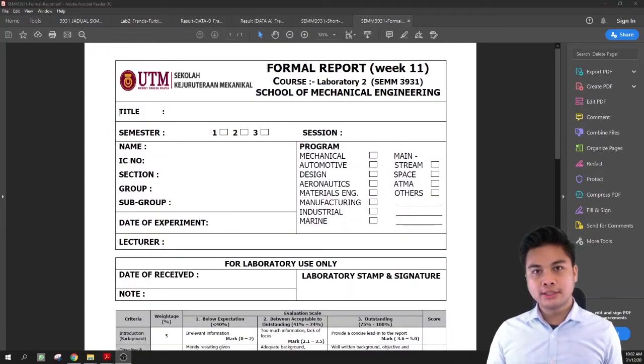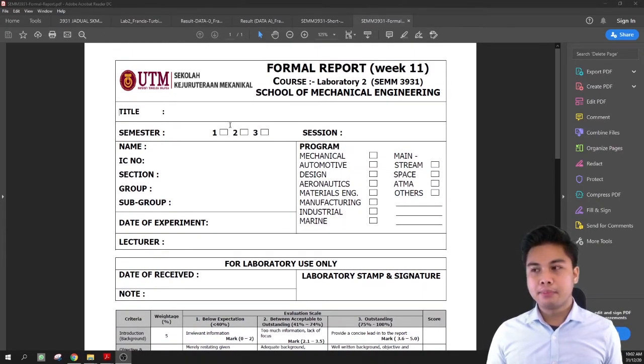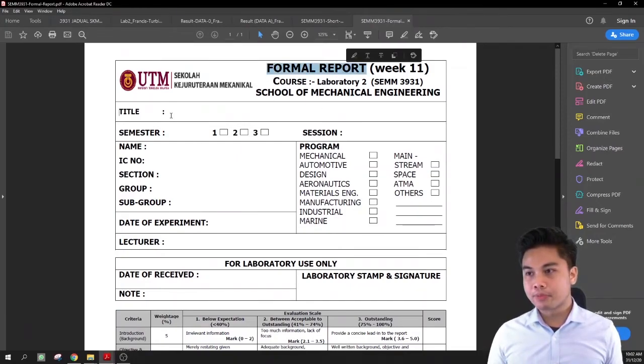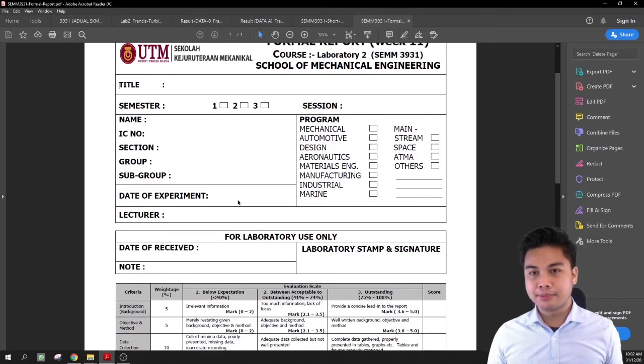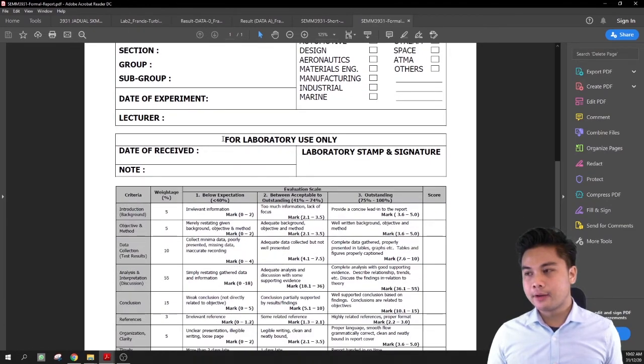For those doing the formal report, please follow this rubric instruction, and make sure that you compile together the cover note for lab sheets of the formal report. First, as usual, fill up your details: title, your name, date of experiment, lecturer name, Dr. Muhammad Nur Hidayat, and leave this one blank.